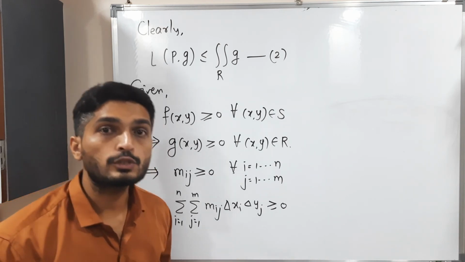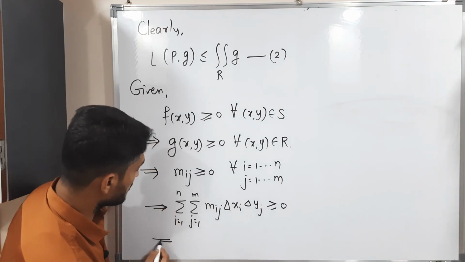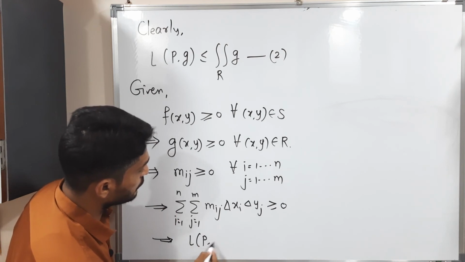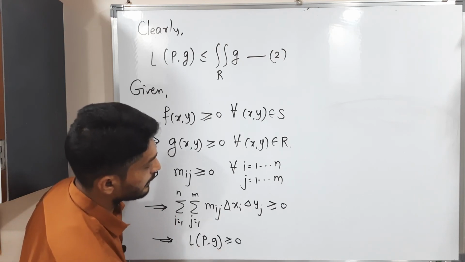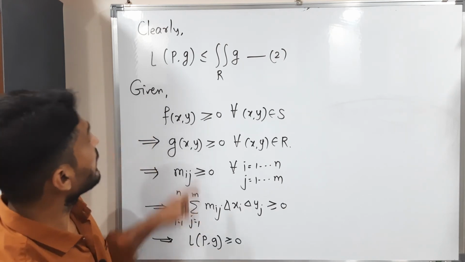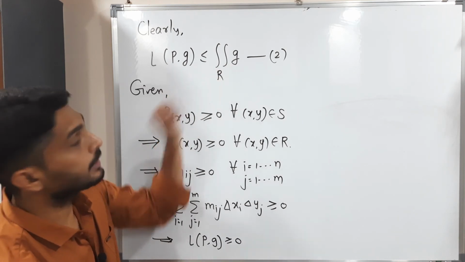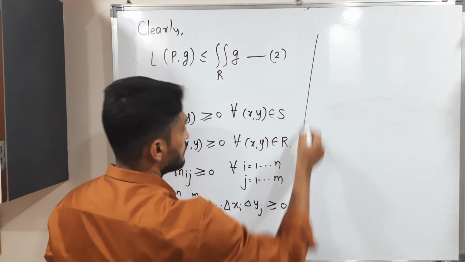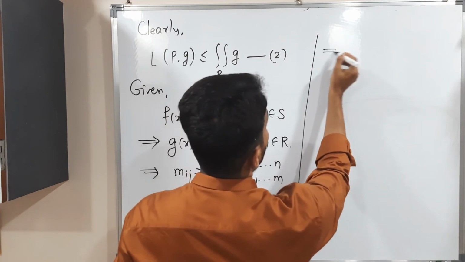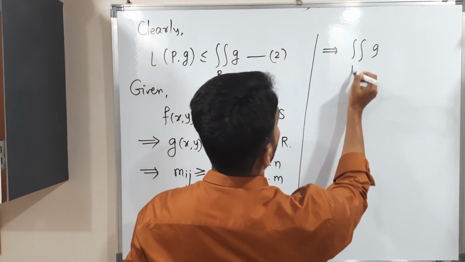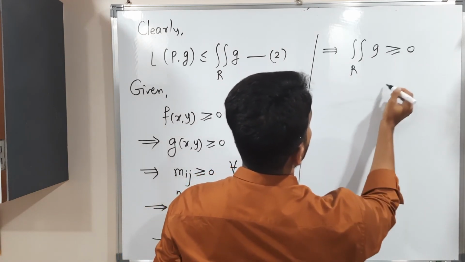That is the definition of L(P, g), which is greater than or equal to 0. But see, this integral is greater than or equal to L(P, g). So therefore, I can write the integral of g over R is also greater than or equal to 0.